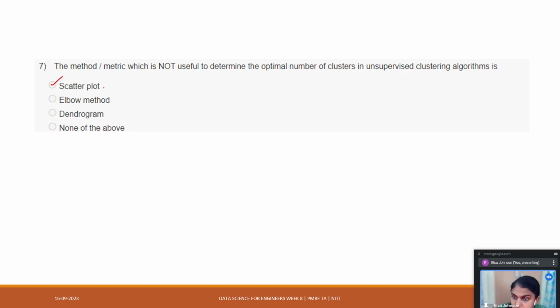Scatter plot is just used for seeing the distribution of the data at the initial state. Whenever you are first given a data set, you can see how the features are distributed in that data set. For that you can use the scatter plot. Alright.